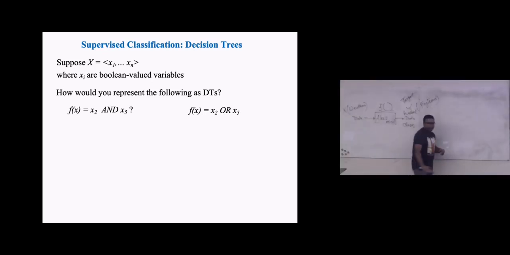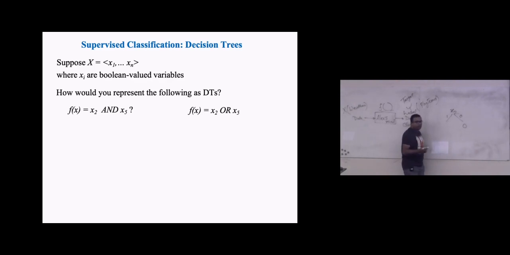So what Hugh was saying is basically you look at X2 and you have two possible cases, right? 0 or 1. If X2 is 0, what should be my output? 0.